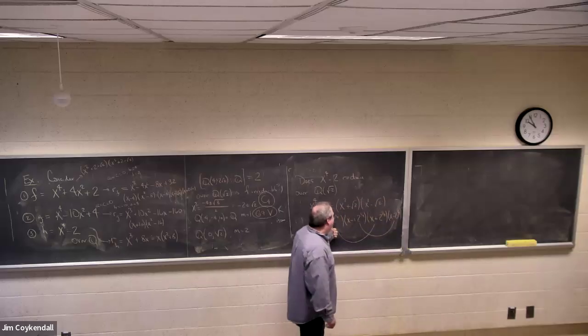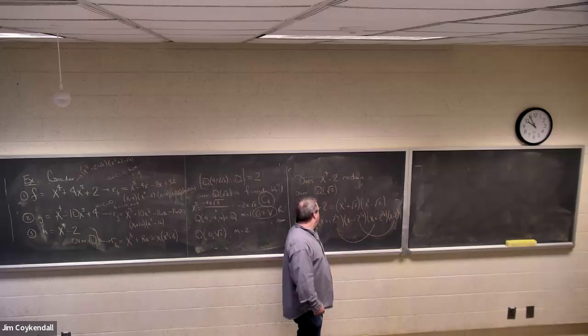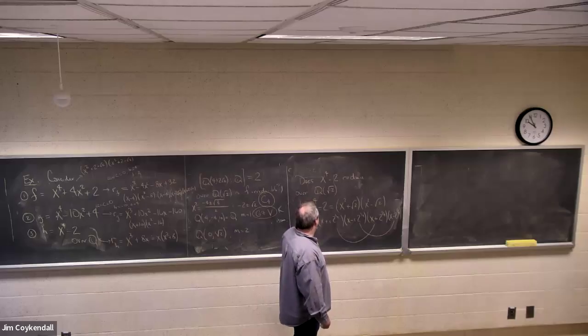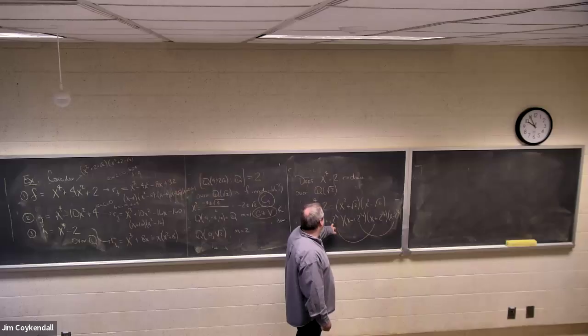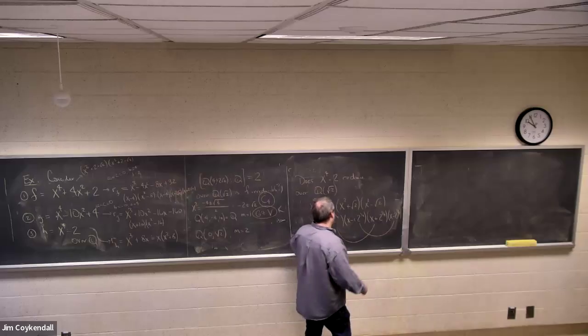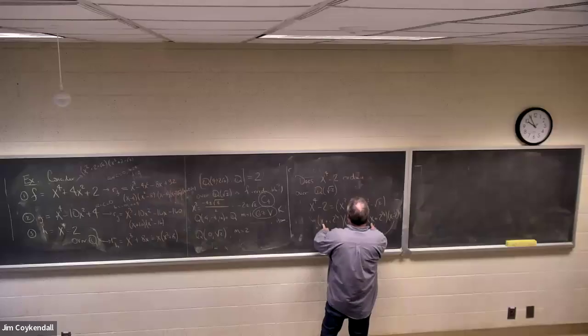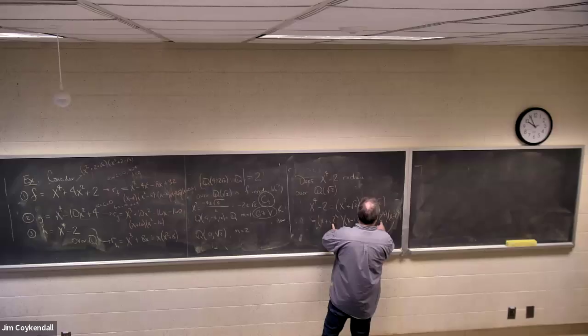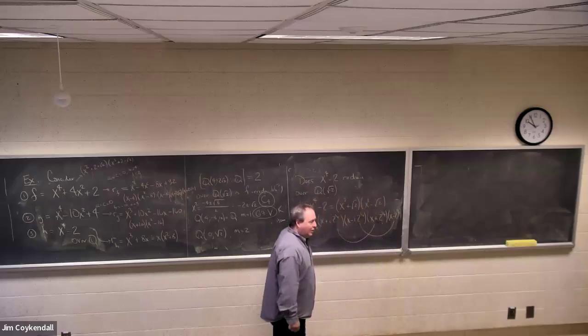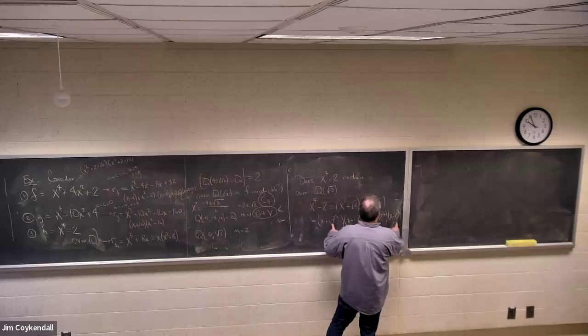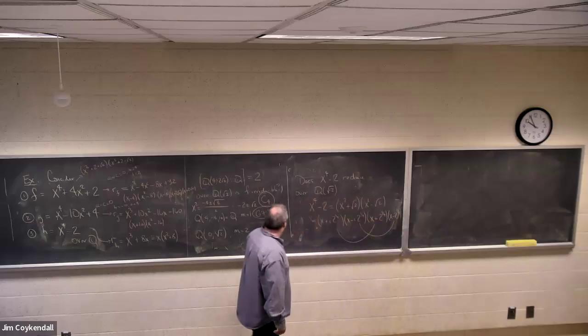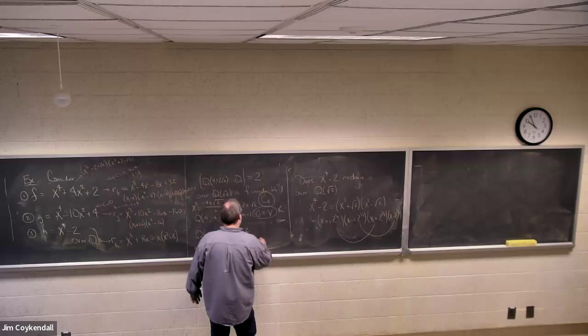But notice what happens in both cases: you get these cross terms that don't match up, right? So you're going to get x squared plus, now you're going to get i to the 1/4 plus 2 to the 1/4, which I think you can show is not in here. Or you get this one here with the minus sign.